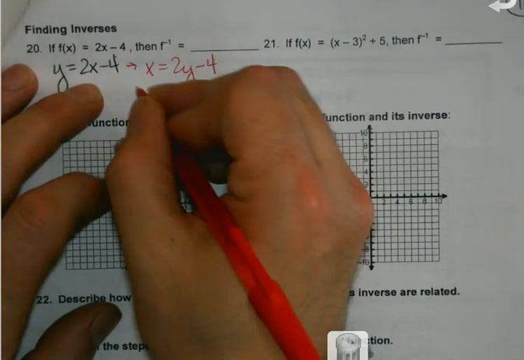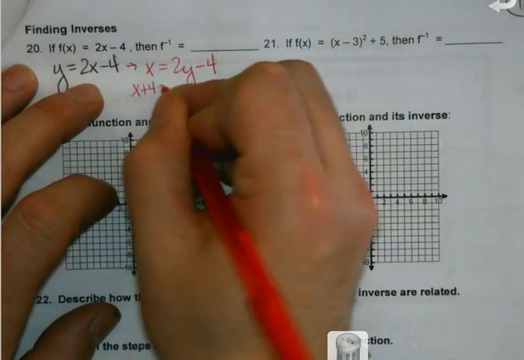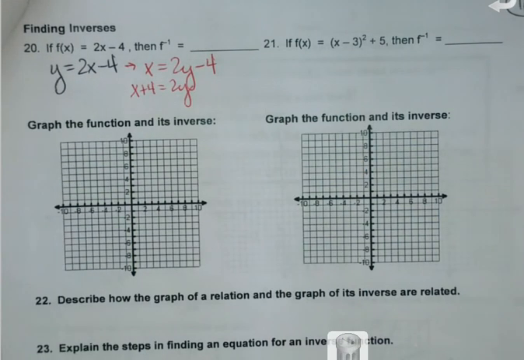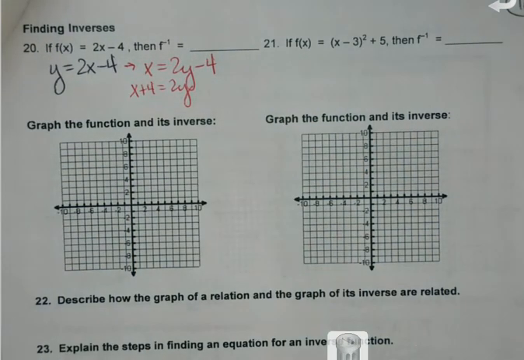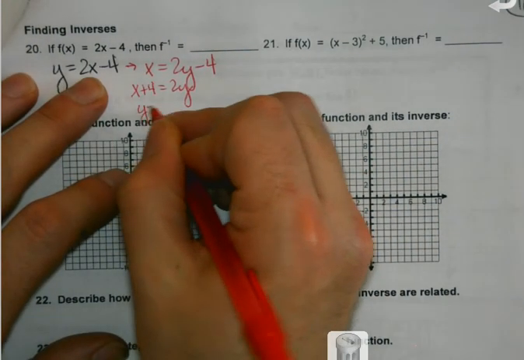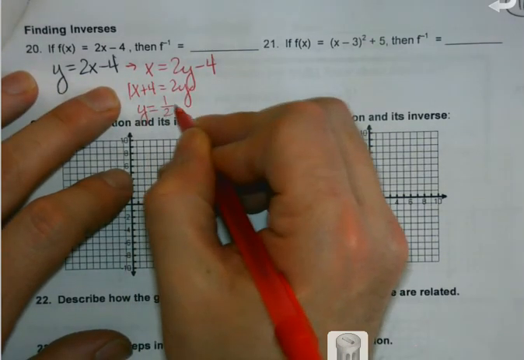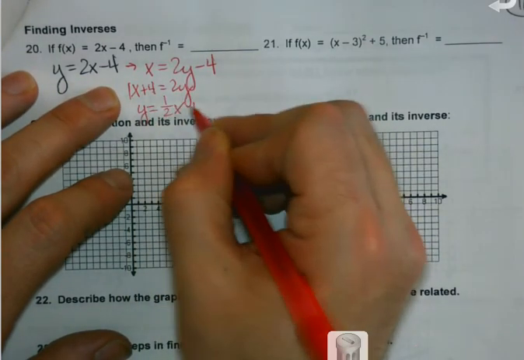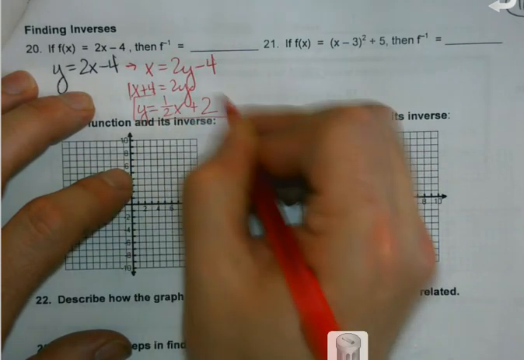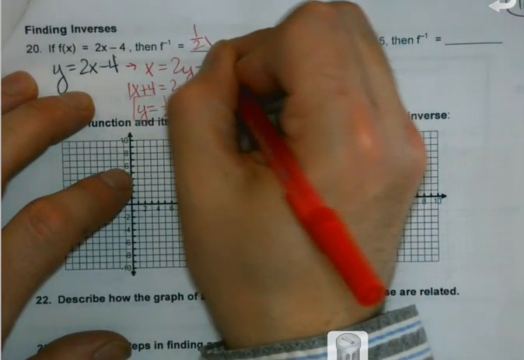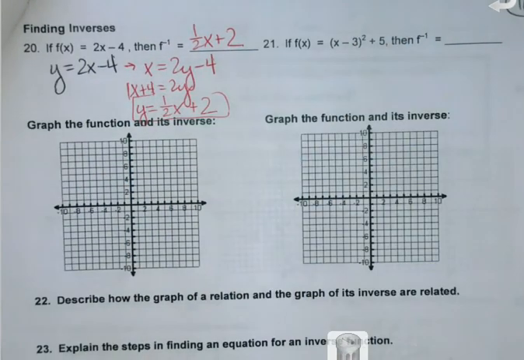So we add the 4 over. And since I notice here it's just going to look like a regular graph, I am going to break it down. So when I divide by 2 here, I'm going to have 1/2 x, and 4 divided by 2 is 2. Okay, so that is my f inverse.